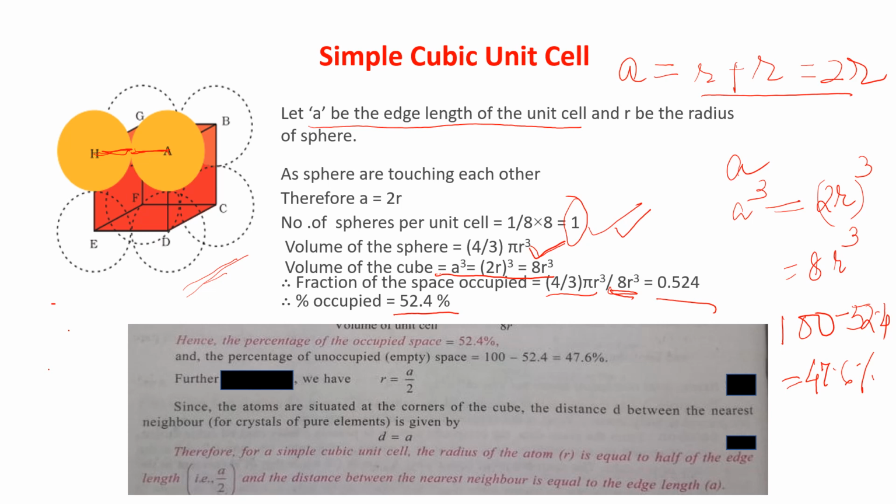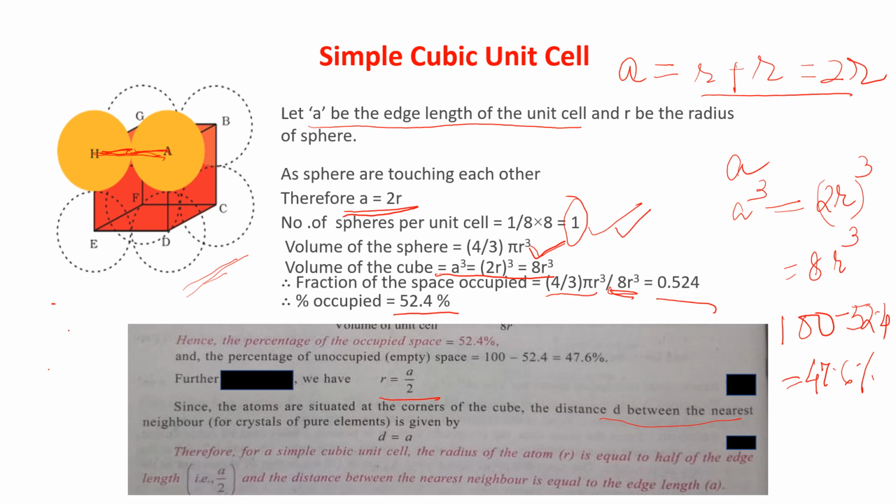Now, further, we have a = 2r, so r = a/2. Since the atoms are situated at the corners of the cube, the distance d between the nearest neighbors is equal to a.